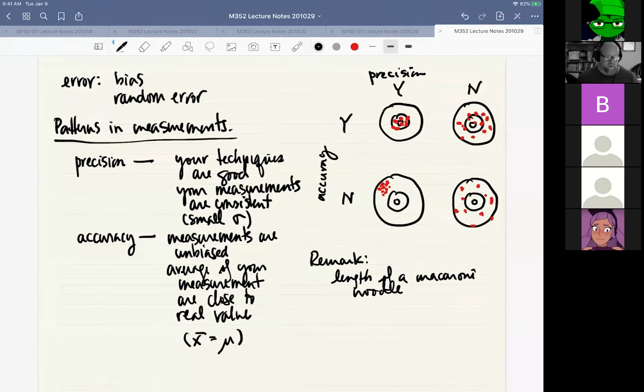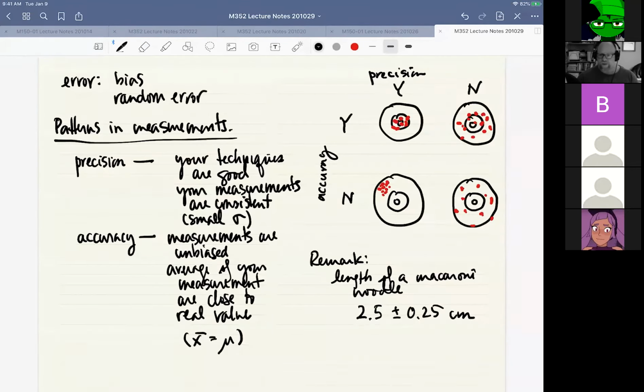So the book might write the length of a macaroni noodle in this way. It might say it's 2.5 centimeters plus or minus 0.25.